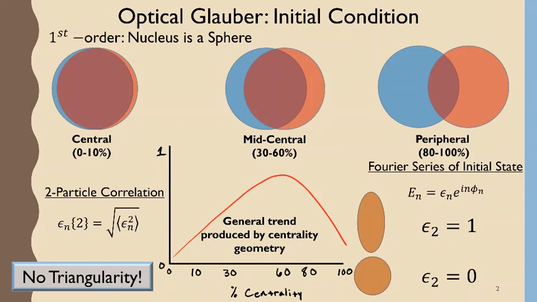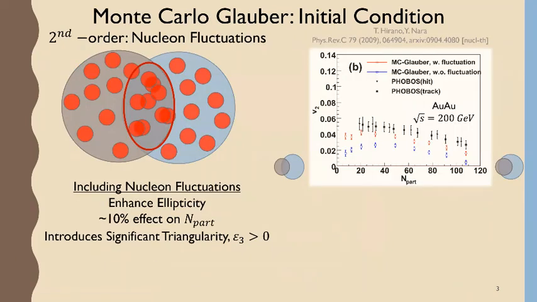The second order approximation to this initial state would be adding in nucleon fluctuations, which enhances ellipticity. Instead of saying you have a smooth profile, your nucleons can fluctuate in position.